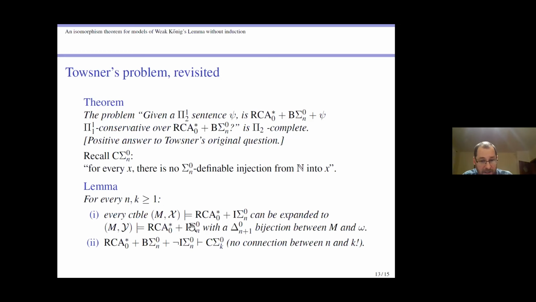Let's say it's Σ_n induction, that has a Delta_{n+1} bijection between the whole universe and the standard cut. So you can violate this principle CΣ_{n+1}, let's say, very badly, and still keep Σ_n induction if you had it. This is essentially a consequence of Towsner's theorem, but I guess there's a separate construction known earlier by Groszek and Slaman.